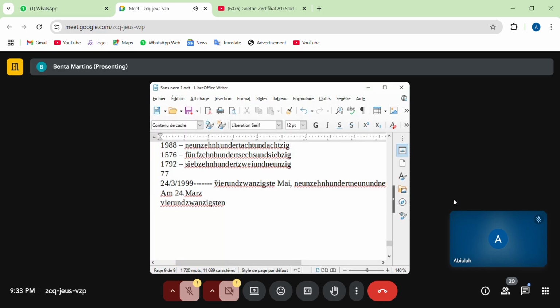But whenever you're writing it in a letter, someone cannot expect you to write all of these. So you just write 24. In German they don't usually use the strokes, or what are those called? They usually use dots to write the date.